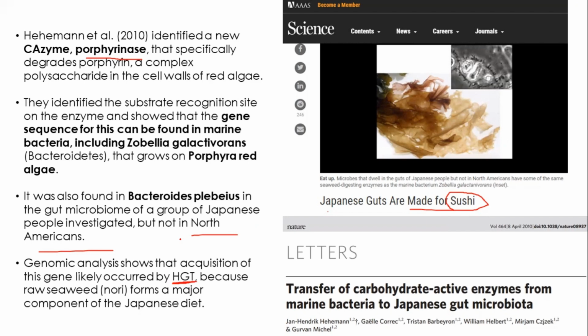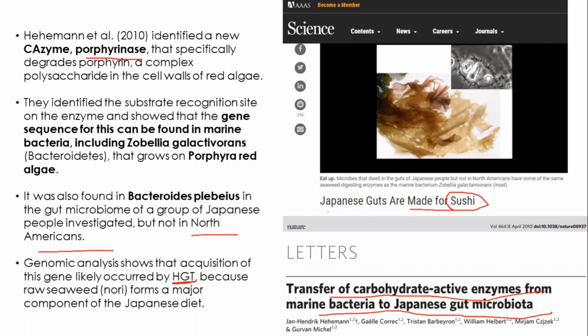So you can see that there is a bacteria on the seaweed surface, which after ingestion might have given, through horizontal gene transfer, the gene responsible to digest this complex carbohydrate to the bacteria living in the gut of the Japanese population. So it came as a very interesting finding, the transfer of the carbohydrate active enzyme from marine bacteria to Japanese gut microbiota.